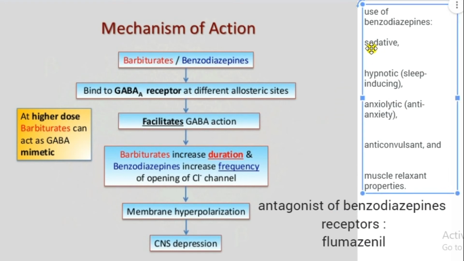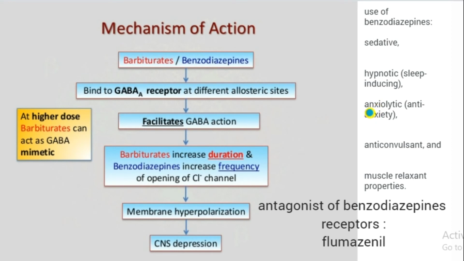It has sedative effect, hypnotic effect, anxiolytic effect, anti-convulsant. Like we have treatment for epilepsy or seizure. We can use benzodiazepine for epilepsy or seizure.